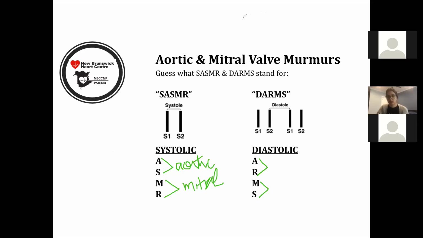I would like you to tell me, what are the right-sided systolic murmurs? If aortic stenosis and mitral regurg happen on the left, what are the systolic murmurs that happen on the right?